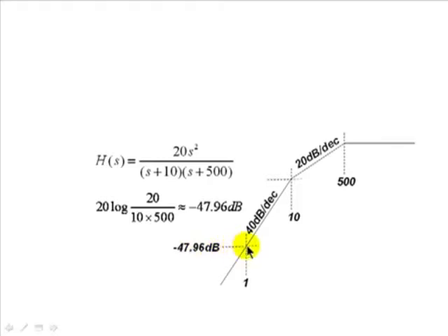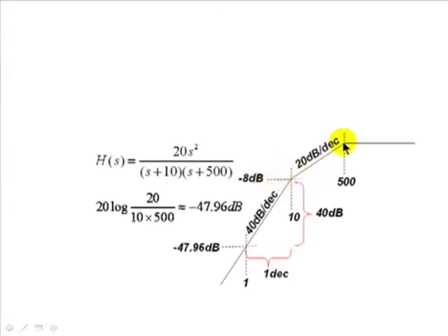And once we have that, of course, we find out how many decades we move to the right. In this case, from 1 to 10, that is 1 decade. And being that we're climbing at a rate of 40 decibels per decade, we climb up 40 decibels, negative 47.96 plus 40 decibels. Well, we have approximately negative 8 decibels here.